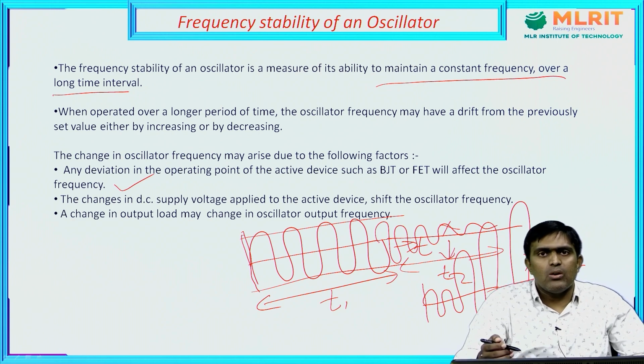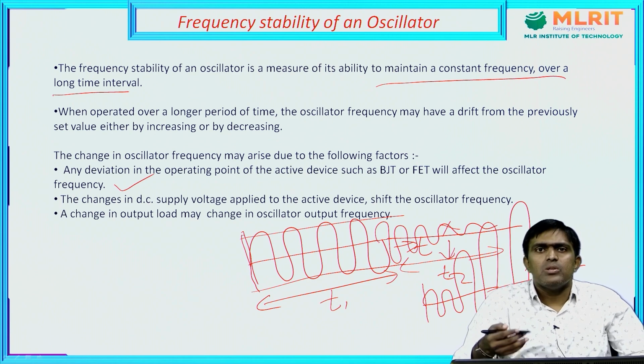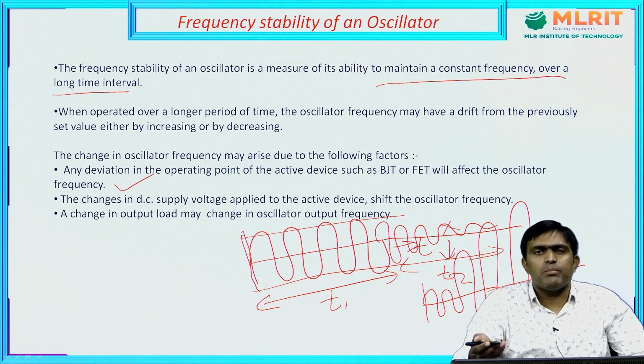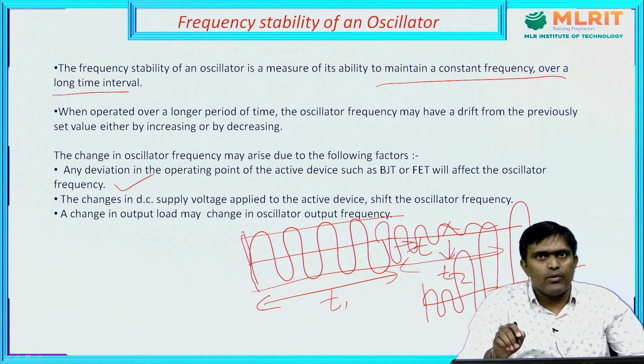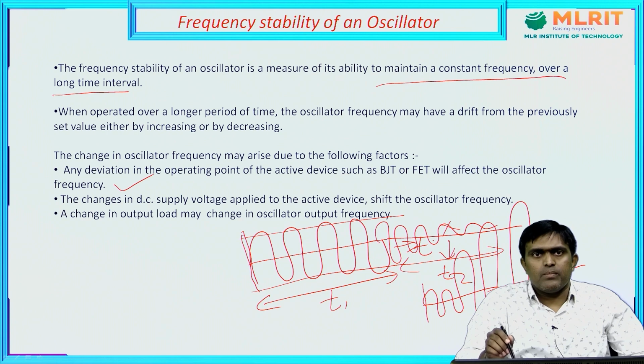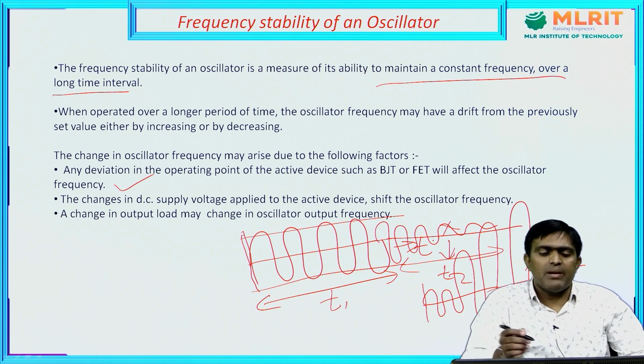In the oscillator circuit we are using amplifiers, and in the amplifiers we are using active devices like BJT or FET. So if there is any deviation in the operating point of the BJT or FET, that may result in this drift in the frequency. When the operating point of the device is varied, it may increase or decrease, and then the frequency stability of the oscillator may vary. That is one of the reasons.